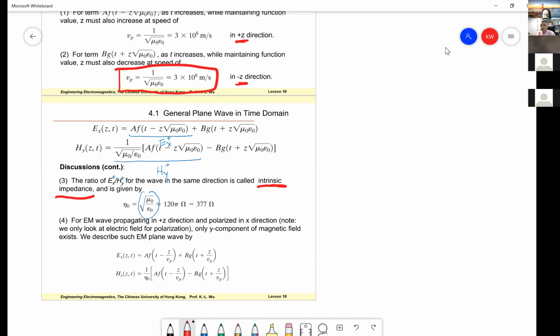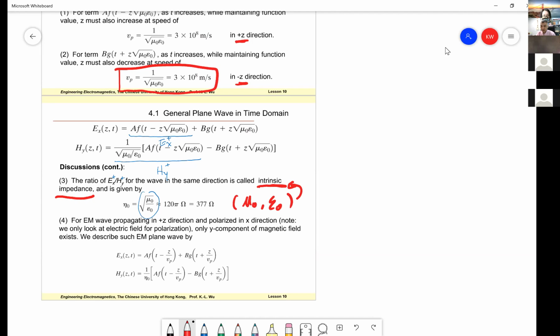Intrinsic impedance means this impedance is determined by the nature of the surrounding material. In our case, the surrounding material is free space, so it is determined by mu zero and epsilon zero.